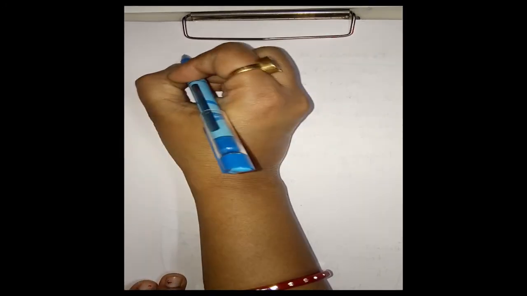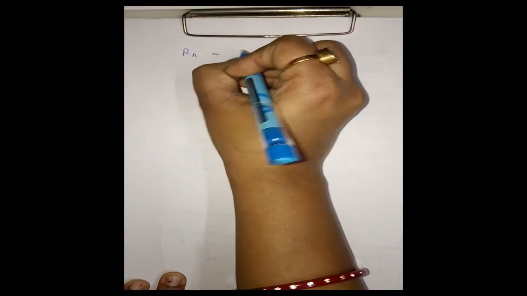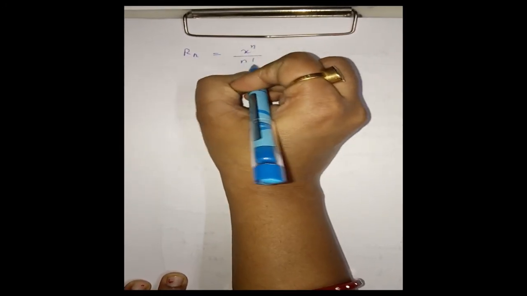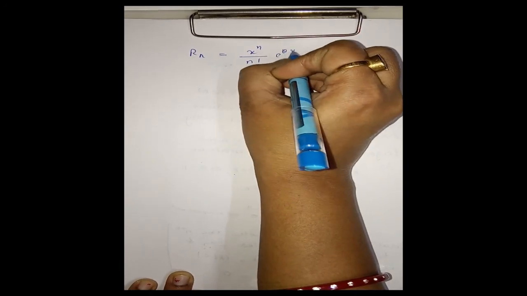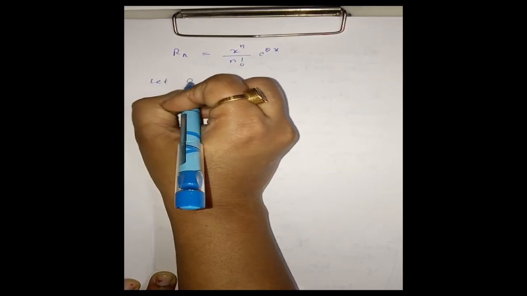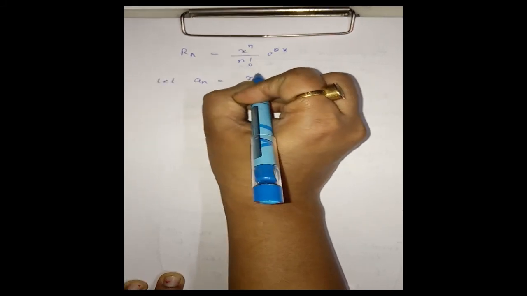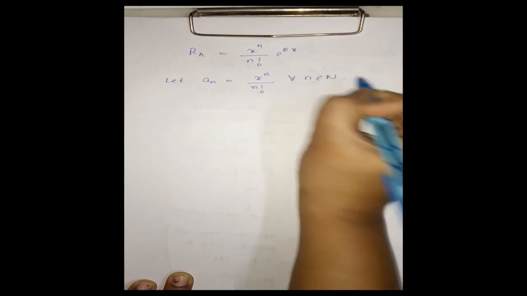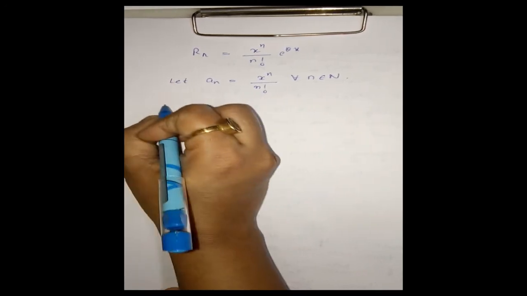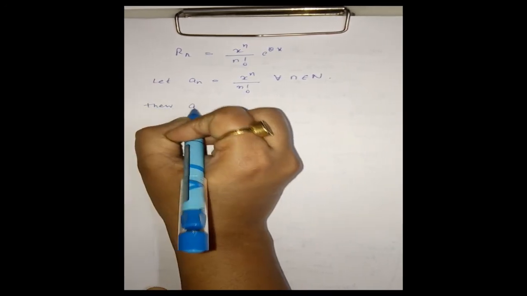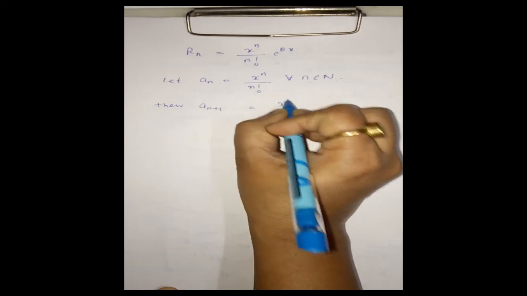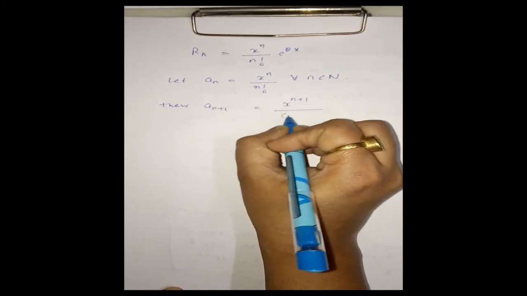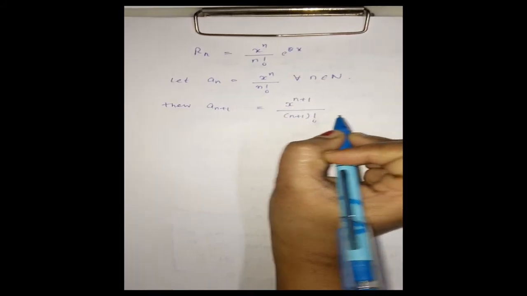Okay, now here we have Rn equal to x^n by n factorial e^(theta x). Now let an be equal to x^n by n factorial for every n belonging to N. Then a(n+1) will be x^(n+1) divided by (n+1) factorial.